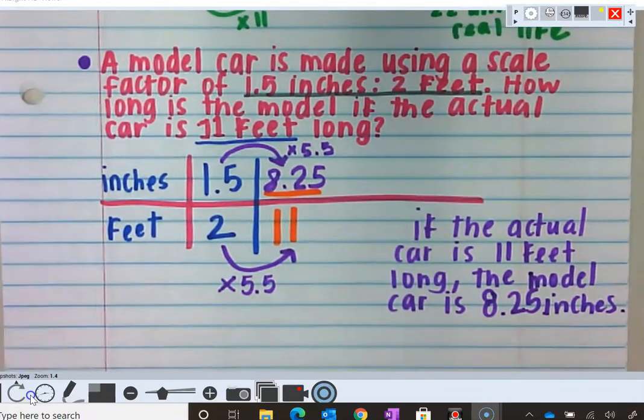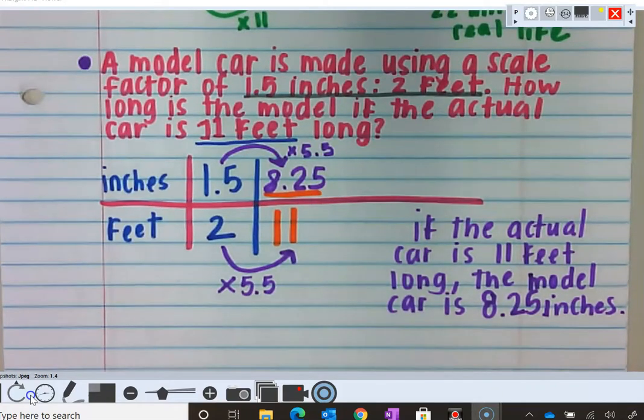So we can think about that. Think about 11 feet. 11 feet is pretty big. Take 11 footsteps. So 11 feet versus 8.25 inches on a ruler. So not even 12 full inches. That's how big the model car will be.